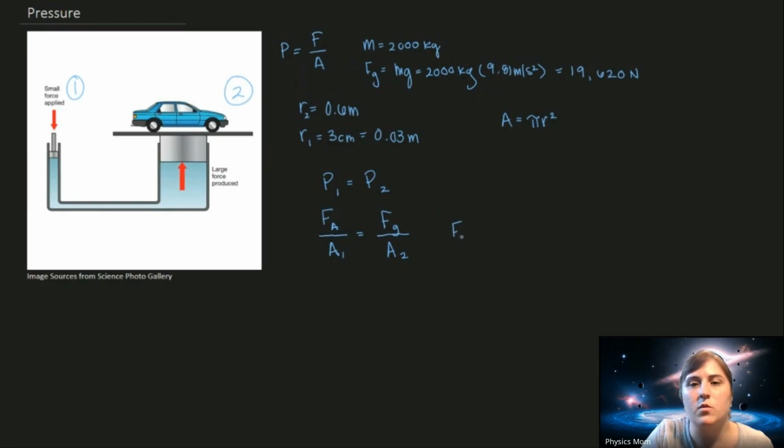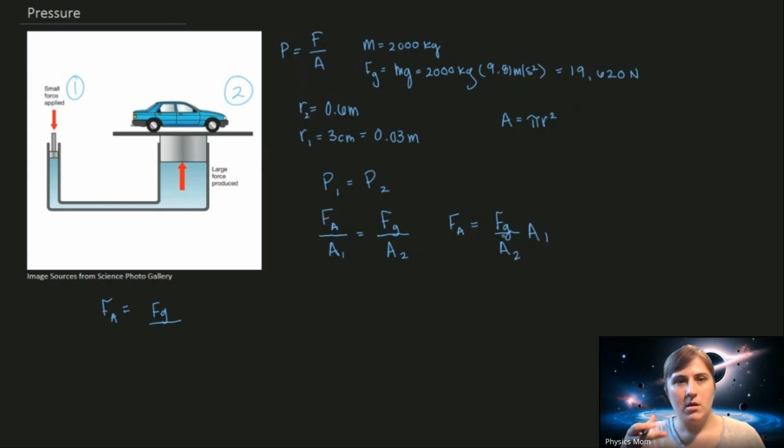So I get the applied force, how much I push or how much pressure I need to apply. That's going to equal the gravitational force divided by the cross-sectional area at 2, A2, times the cross-sectional area at 1. What is the cross-sectional area below the car? That's the circular area underneath the car, pi r squared.